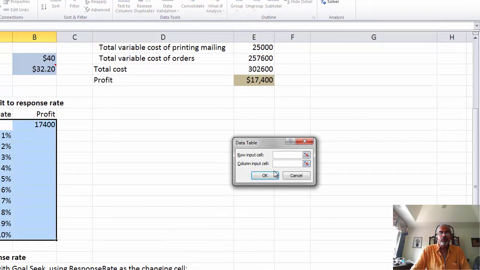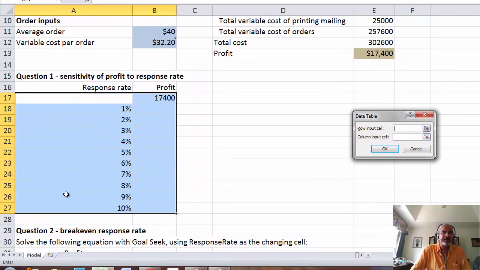Now we have two different input cells, a row input cell and a column input cell. This particular table has only one input, which is the response rate. If you have two different inputs, then you'll use both of these input cells. But since this data table has only one set of input values, we have to use only one of these two. Look at how the input values are set up.